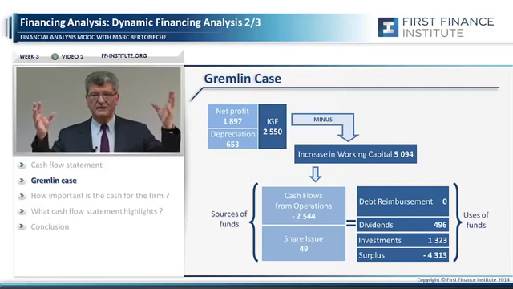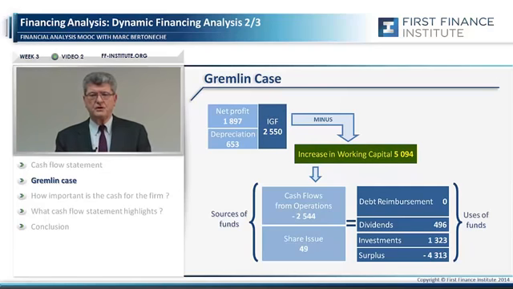But look at that. Look at the huge increase in net working capital, 5,094. So when you do 2,550 of IGF minus 5,094, it turns out now that the cash flow operation is negative by 2,544. This is not a resource anymore.